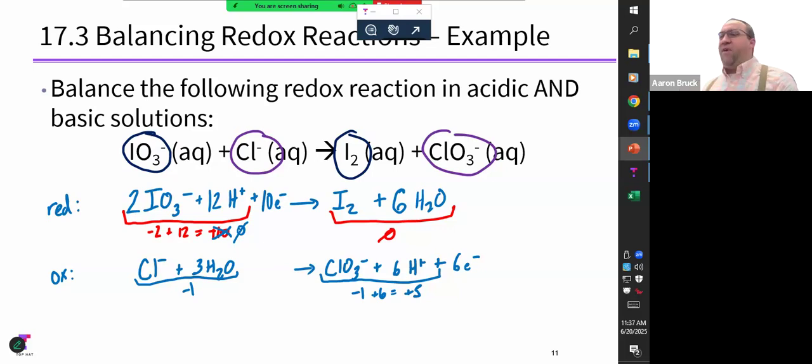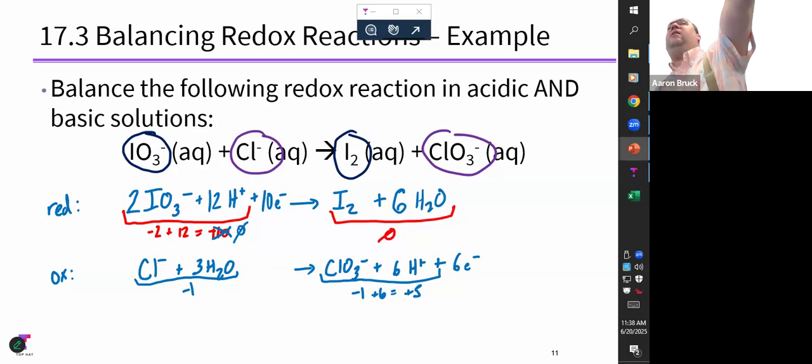Okay, so I've got my 2 balanced half reactions now. We're not done yet. To get this all the way, I need charge balance. So I need as many electrons leaving the chloride as are coming into the iodate.